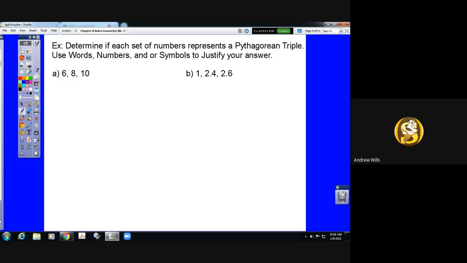Again, same directions, same work. Do these sets of numbers represent a Pythagorean triple?